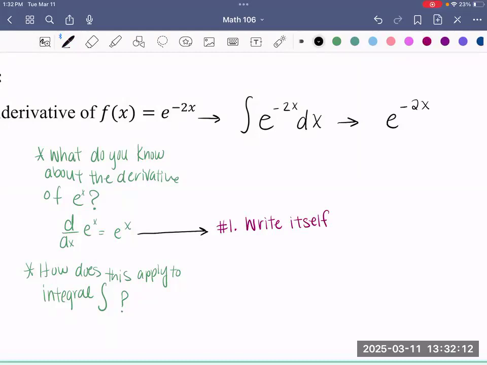And then keep in mind what we know about the chain rule. When we derive it, we say, okay, this is negative 2. But to go backwards, instead of multiplying by it, we now have to divide by k. Keep in mind, this is k here.